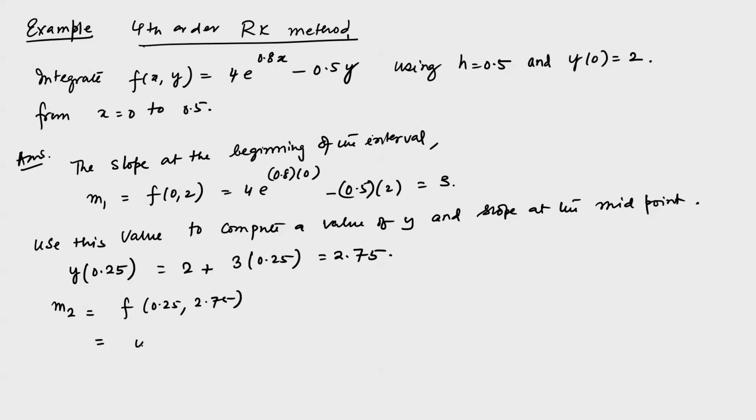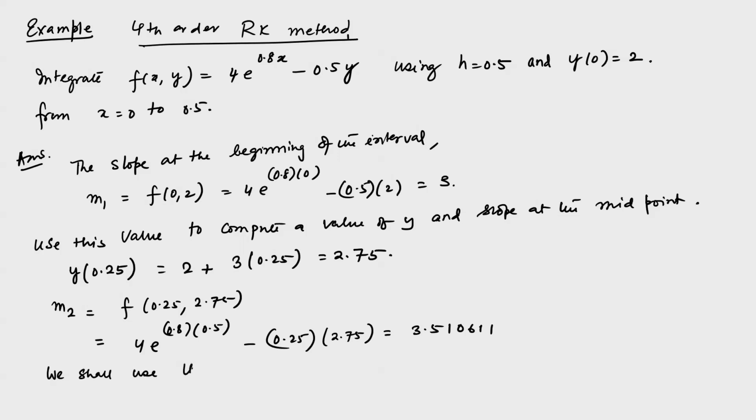So, this is nothing but 4 e^(0.8 into 0.25) minus 0.5 into 2.75, it is equal to 3.5111. Okay. Now, we will use this slope to compute another value of y.